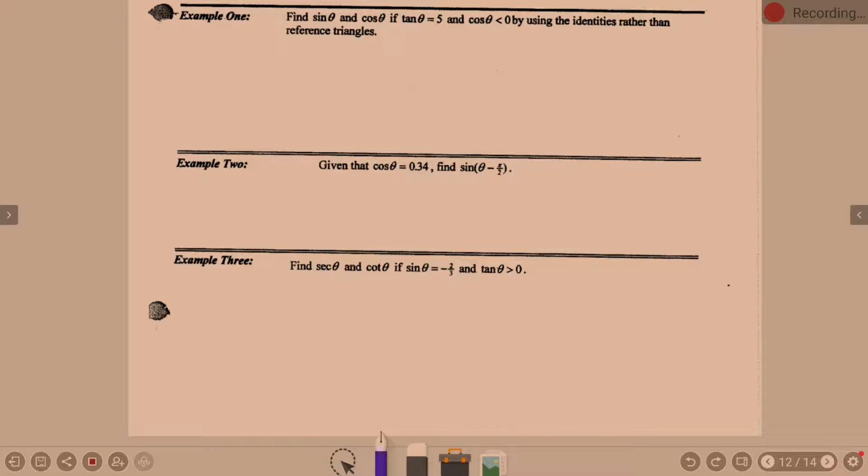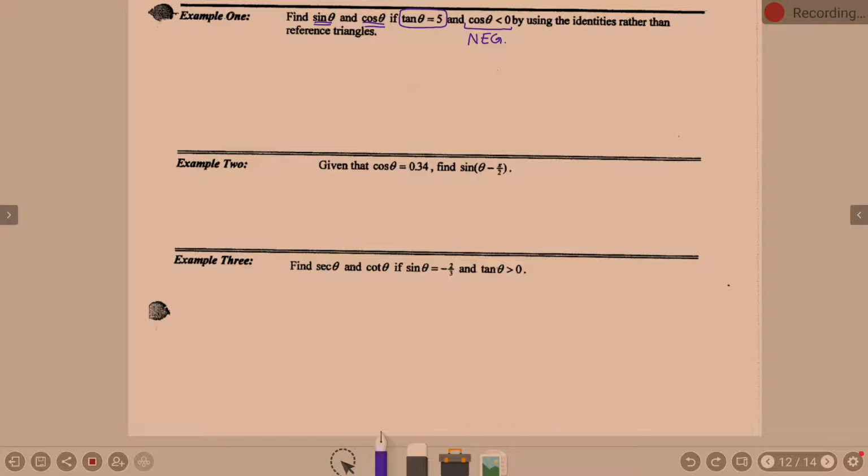We're going to use the identities at the top of our page. Now, my goal is to find sine and cosine. I'm given that tangent is 5. Remind me, what does cosine theta less than 0 mean? It means that cosine is negative. Okay.